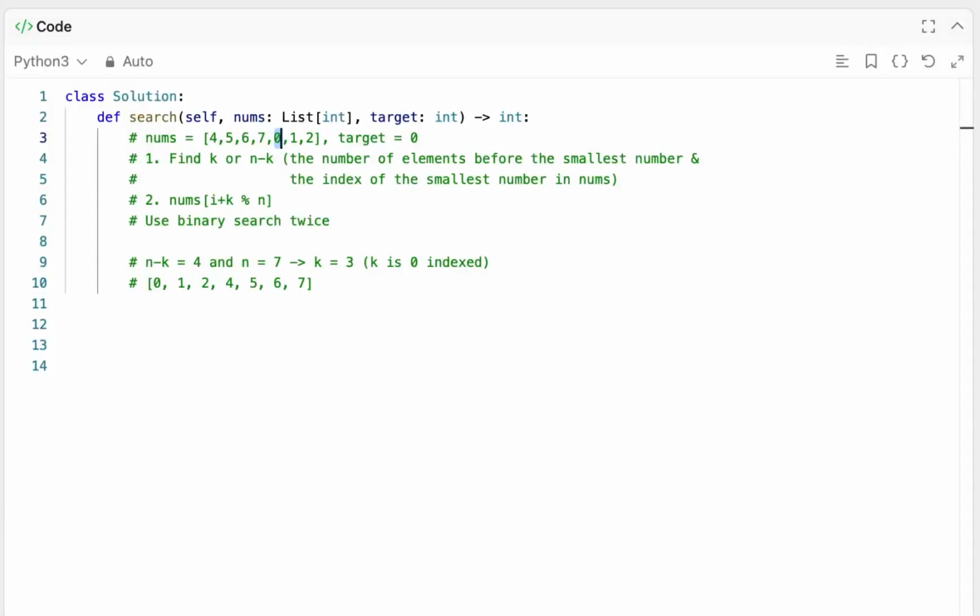Sorry, what I mean by that is, for index 0, I should add k here because I know that this position is n minus k.